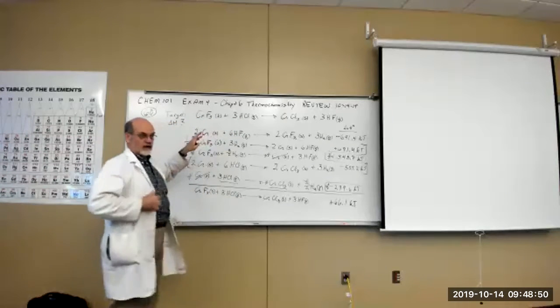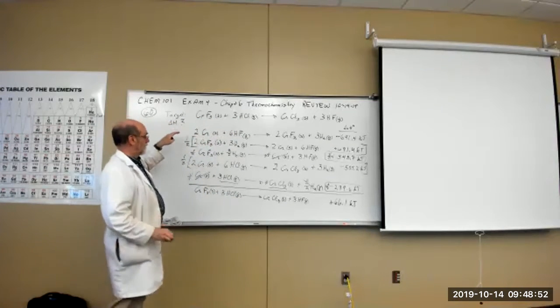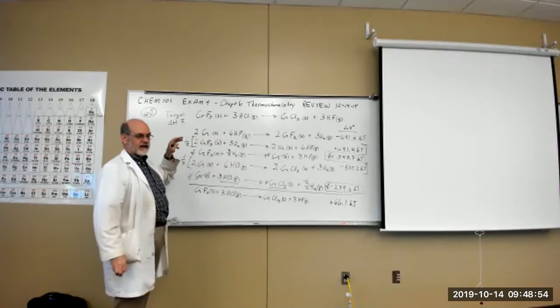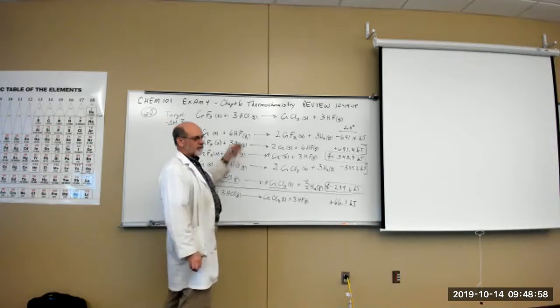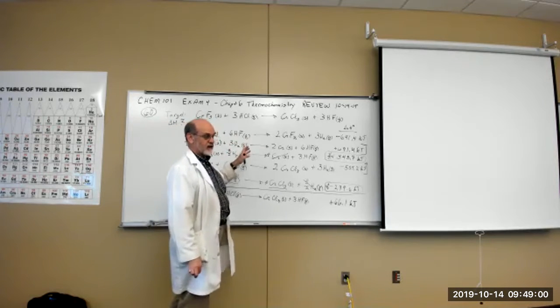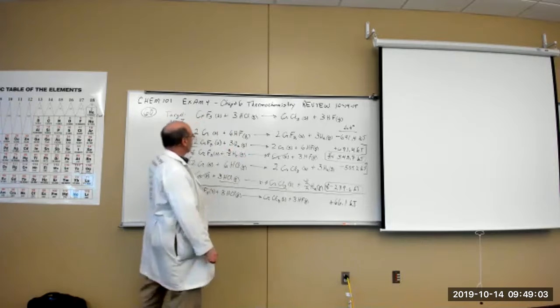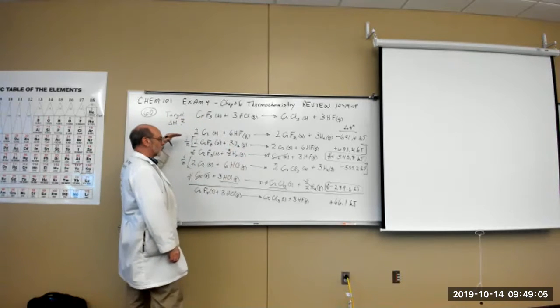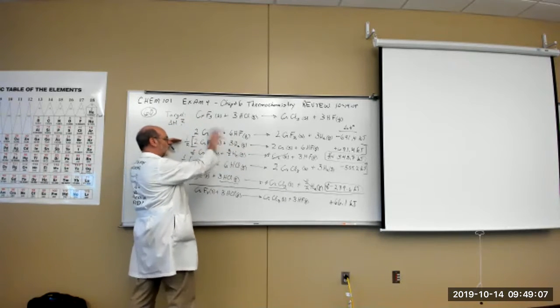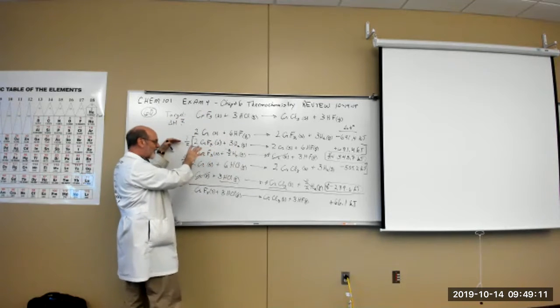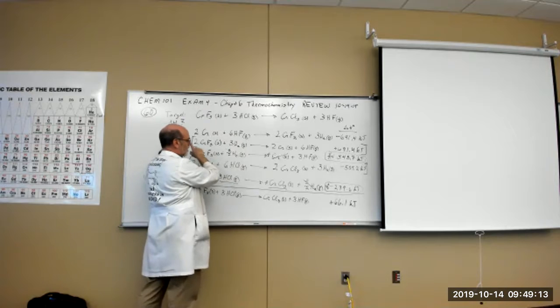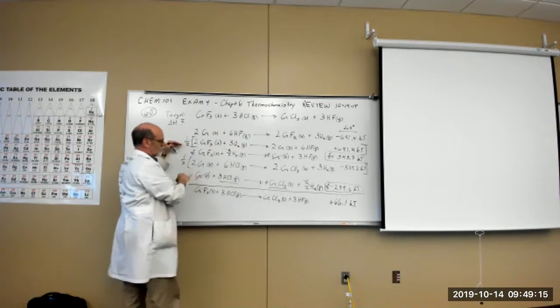You may not need all of them. You want to pick the ones that have the correct components in them. First of all, it doesn't matter what side they're on. Are they there? Then when you start manipulating them, you want to be sure that you end up with the correct reactants on their proper side for the target. And then look at the amount of each one.